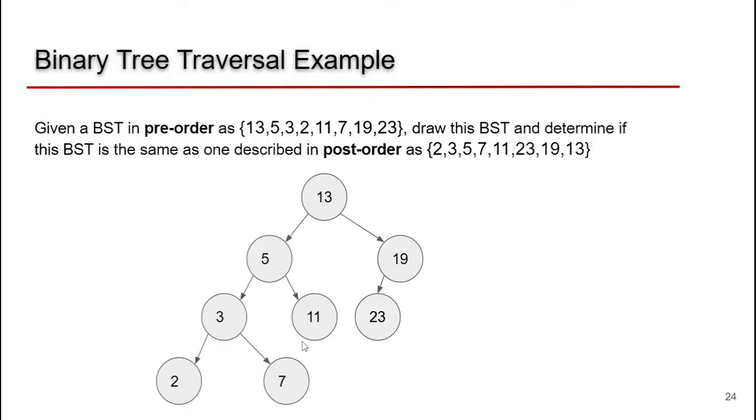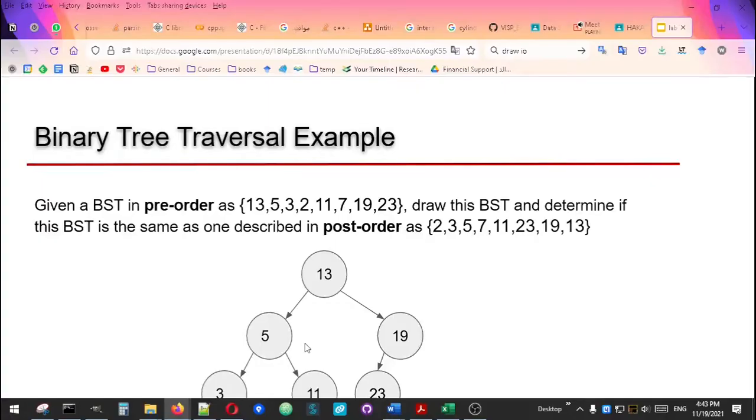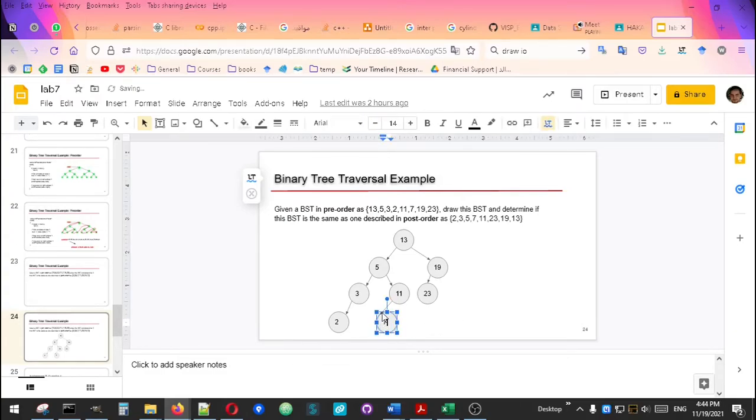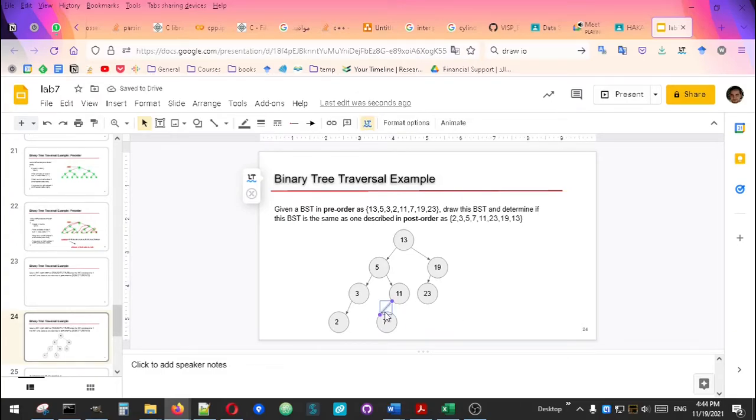I will correct it now. If it was after 3, it should be like this. But according to the sequence, it's after 11. It's definitely wrong because it prints 11 first.